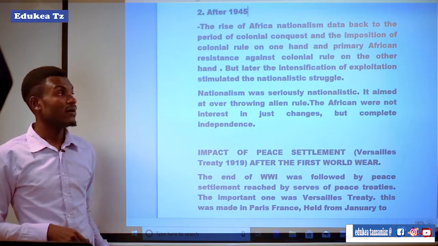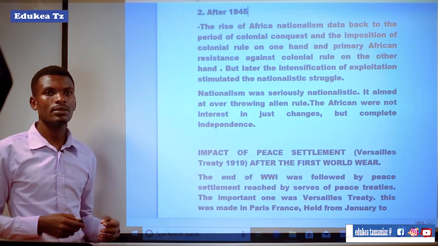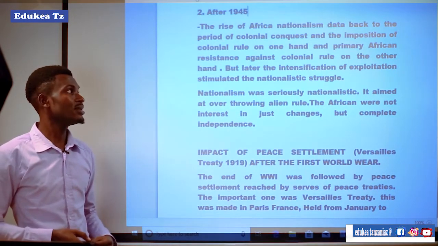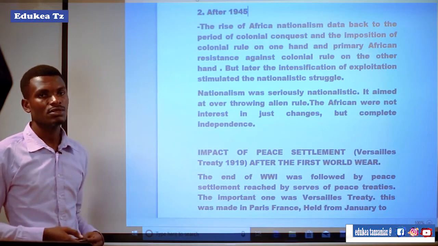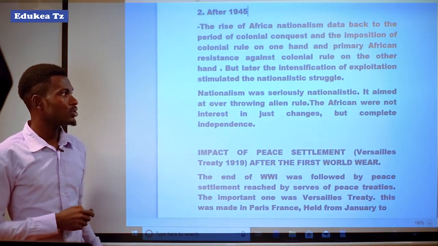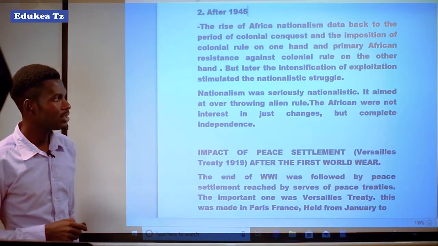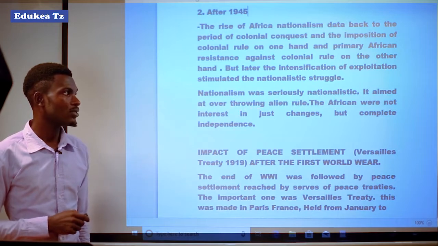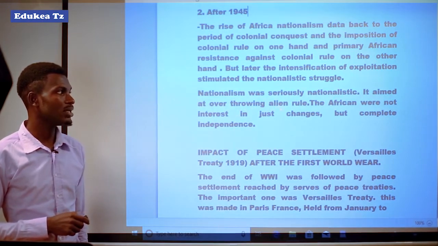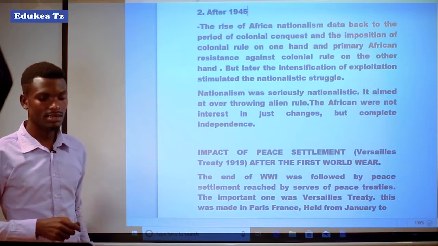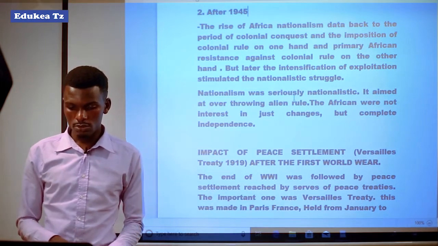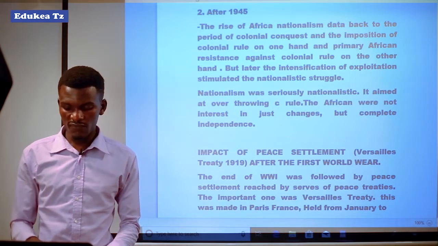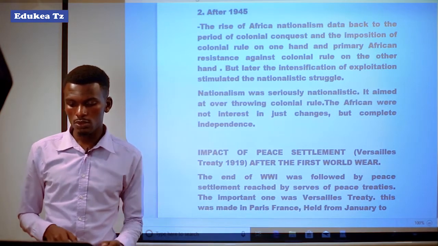It means that as time went on, the exploitation was intensified and that stimulated the nationalistic struggle. Nationalism was seriously nationalistic. It aimed at overthrowing alien rule, meaning colonial rule.